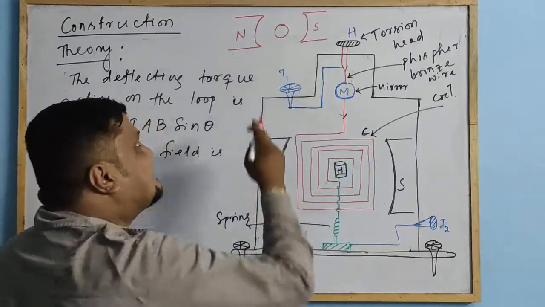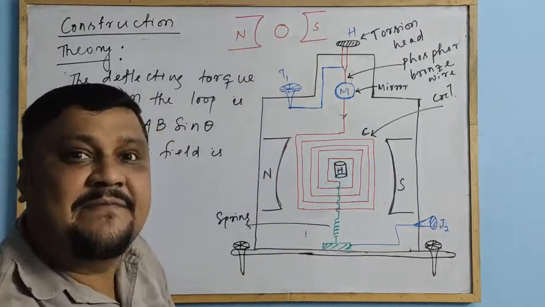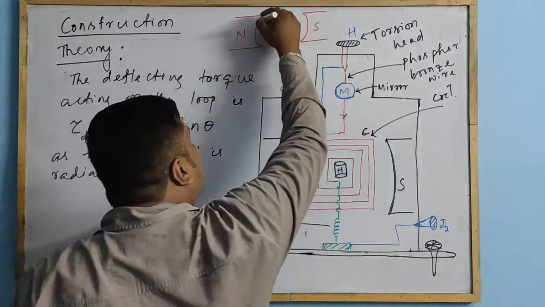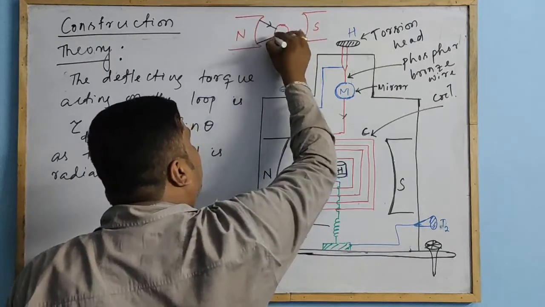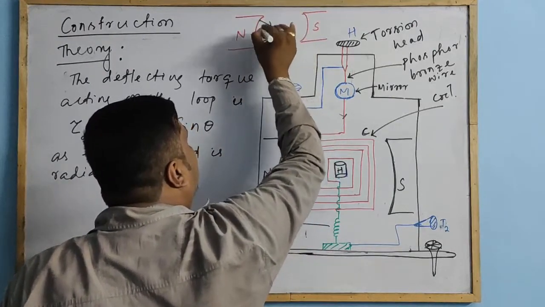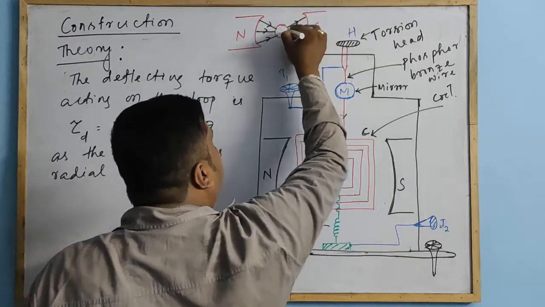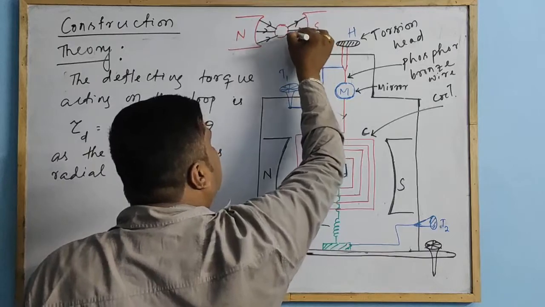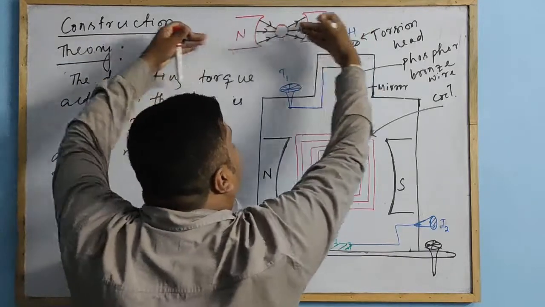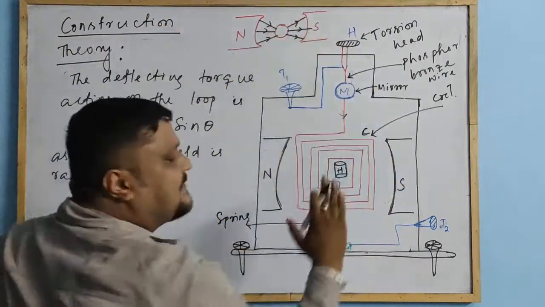When you take the cross section, the magnetic field will be radial, meaning it will be like this. It goes from north toward the south. So the field is always in the plane of the frame.